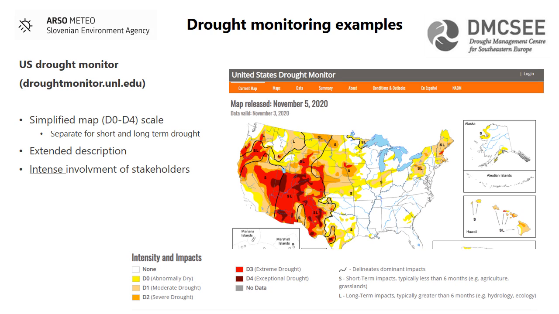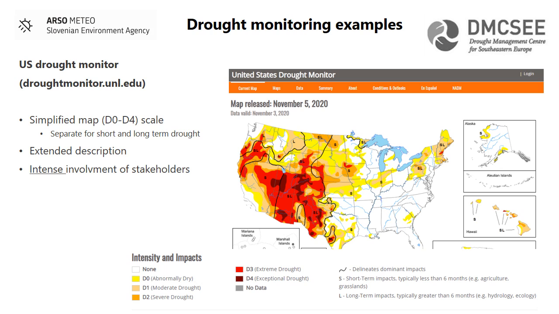see the map that is composed simply from the 5 drought categories, namely from zero, or I would say abnormally dry but not yet drought. That means that there is already a noted deficit in precipitation, but still no drought impacts are expected, through 1, 2 and up until D4.